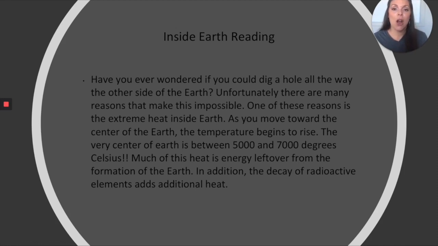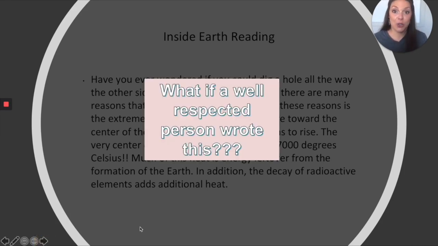If we want our argument to be very strong, what if we consider who is writing this information? If it's a random person posting on a blog, that might not be strong enough for our argument. What if we found a piece of text that was written by a very well-respected scientist, or maybe a college professor, someone that's known to produce really good information?